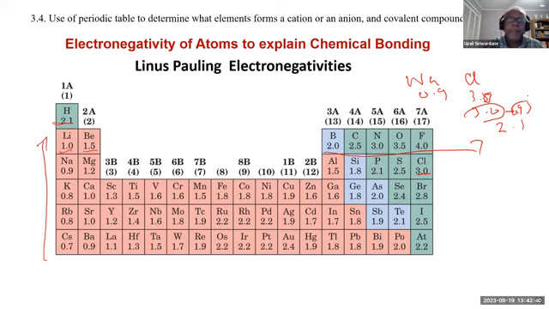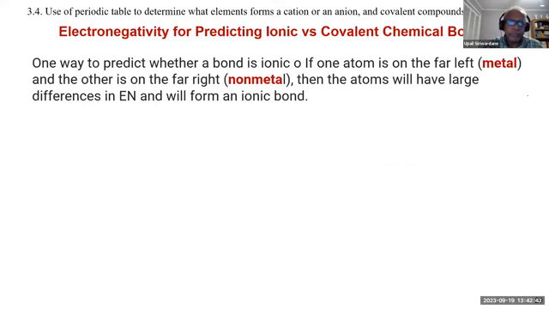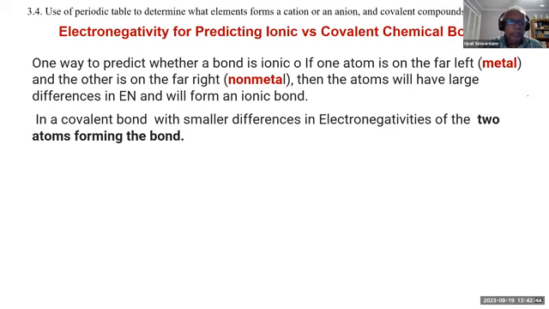Let's look at it. One way to predict whether a bond is ionic or covalent is to use the electronegativity difference.